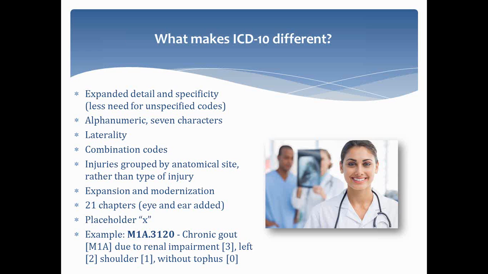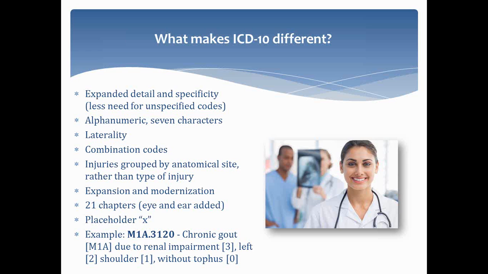At the bottom of your screen, you see one example of just a classic ICD-10 code. And I want to point it out because I want to show you all the detail that it has. M1A.3120 is chronic gout. And the chronic gout is explained to us by the M1A, that's the category. The renal impairment is the character number 3.